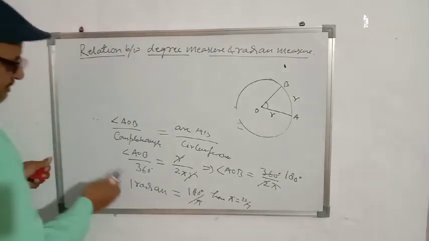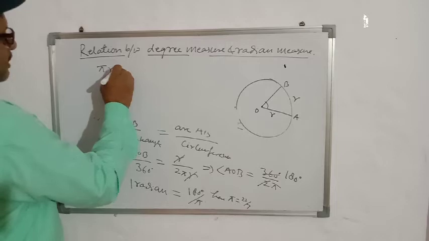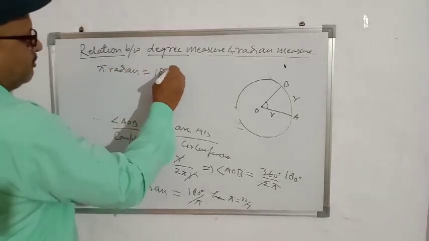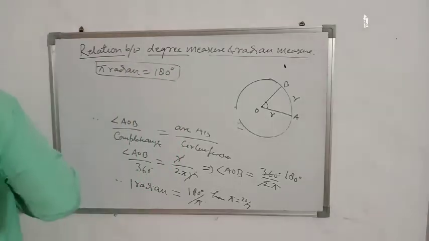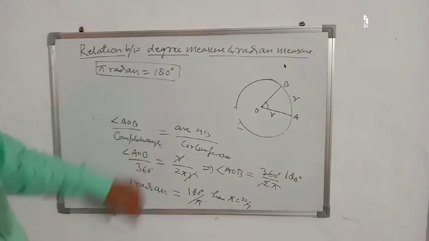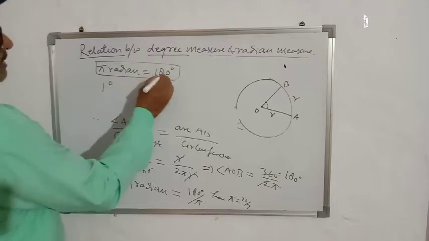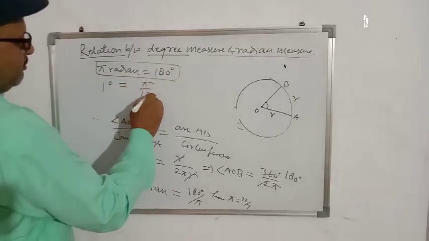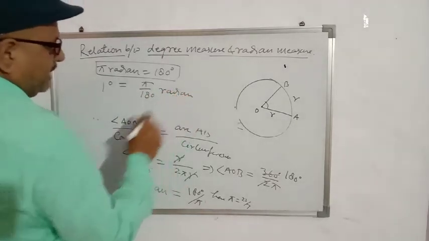If we cross multiply, we can get pi radian is equal to 180 degree. What will be 1 degree? 1 degree is equal to pi upon 180 radian.